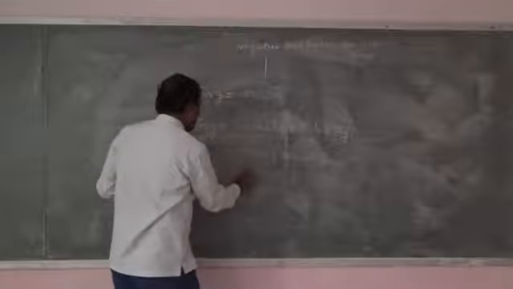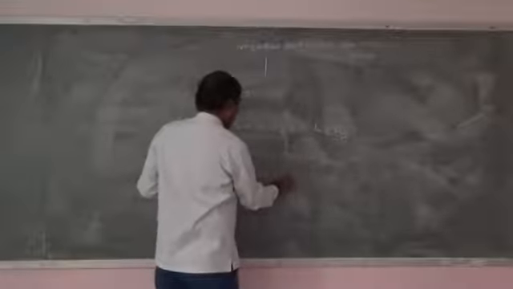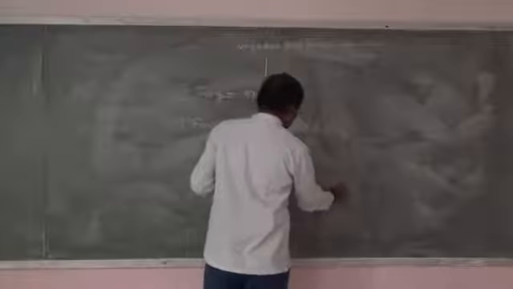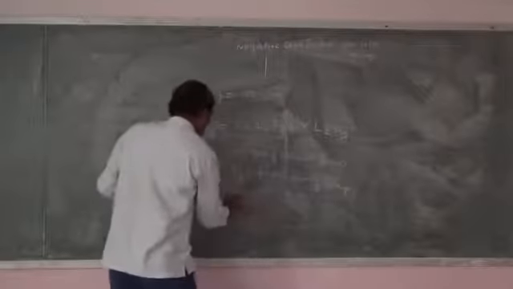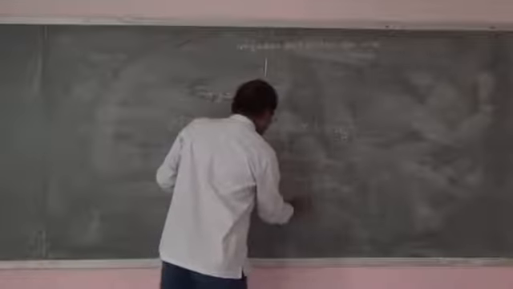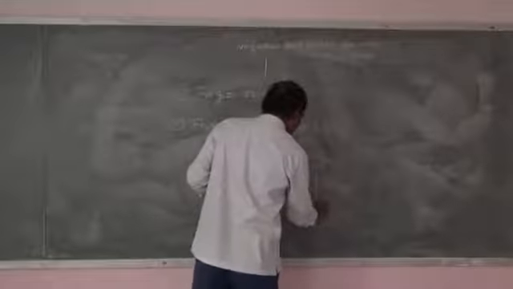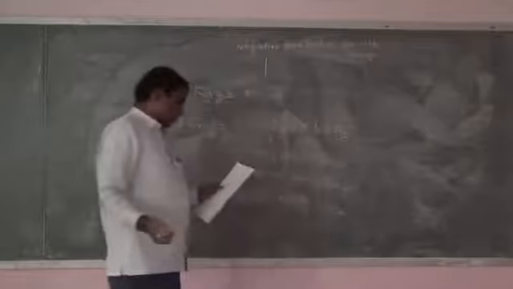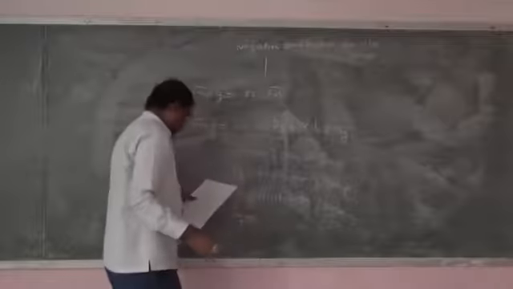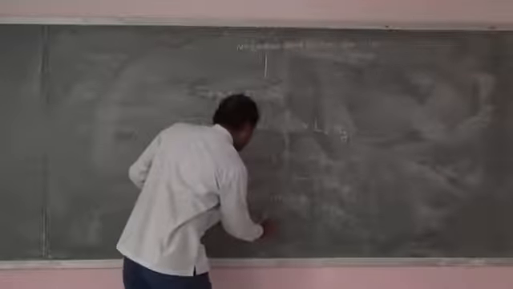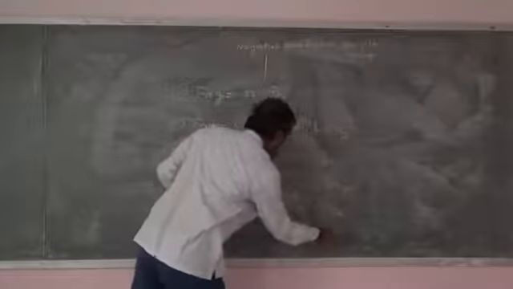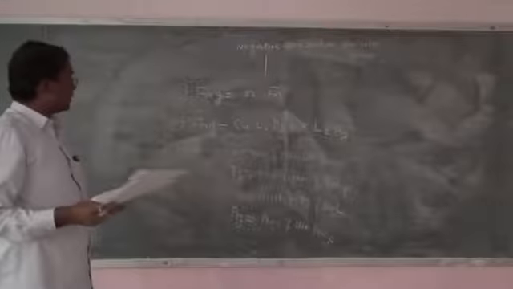Pg is equal to perimeter of group. Gamma is equal to unit weight of soil. And Ag is equal to area of pile group.